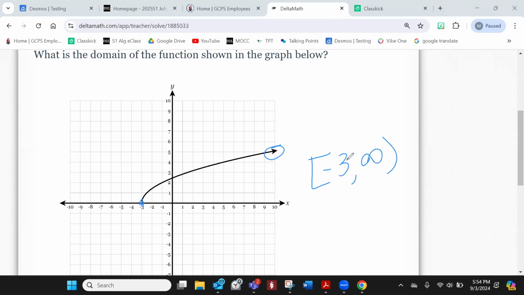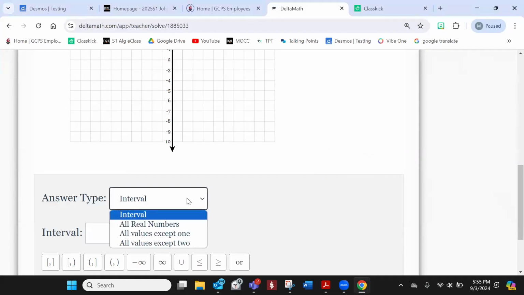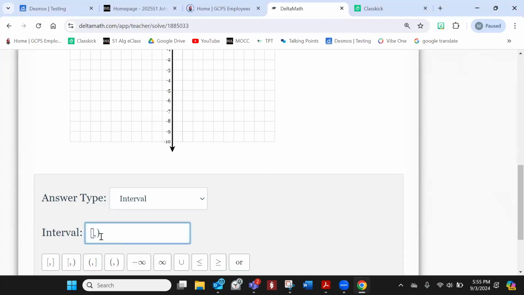Okay, so let's put this. This is going to be so crazy if y'all can't see these annotations. But anyway, let's put it in and let's clear this. All right, so interval notation. We put it in interval notation, and we said bracket and parentheses.